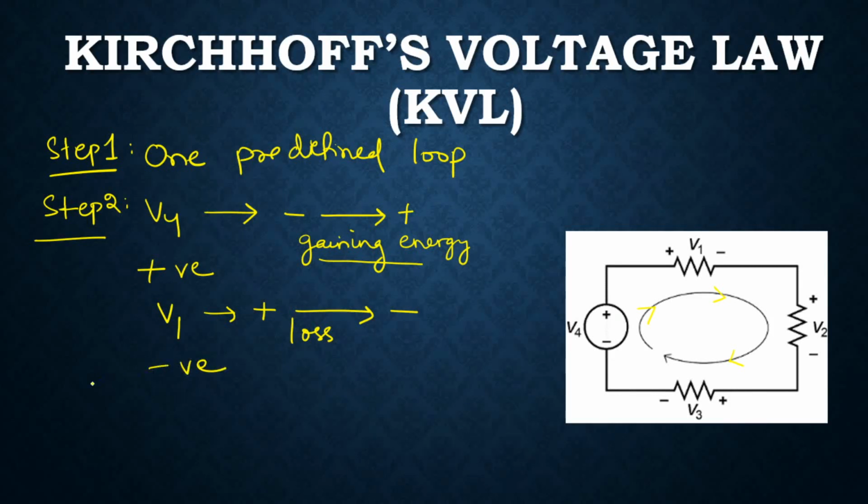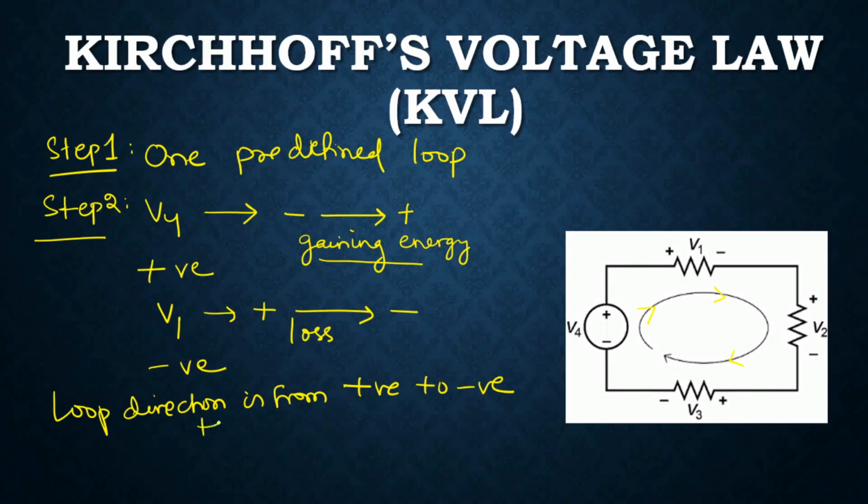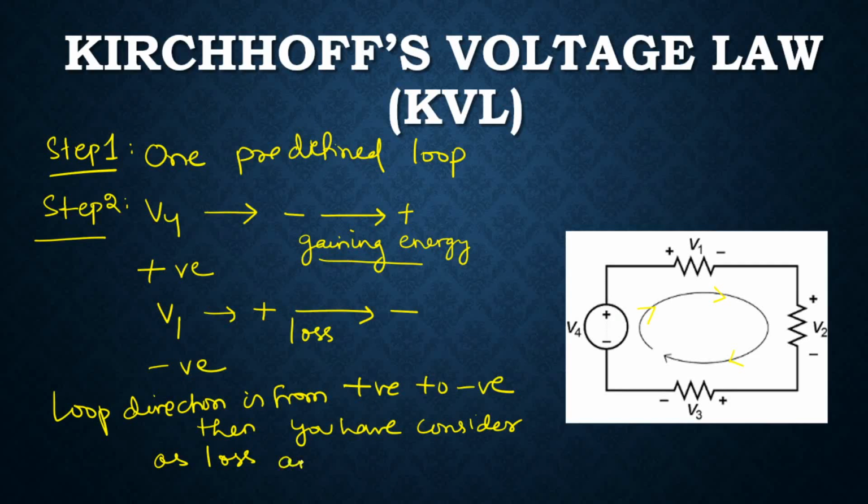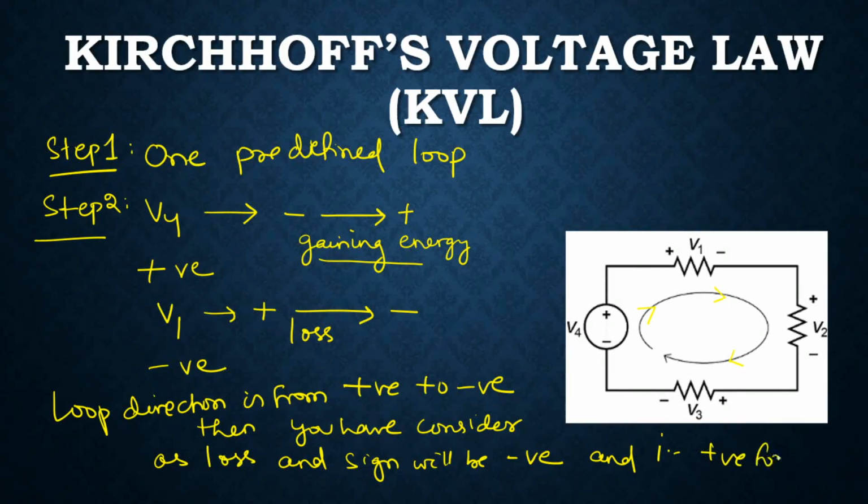So if the loop direction is from positive to negative, then you have to consider it as loss, and the sign will be negative, and the opposite, that is positive, for gain.